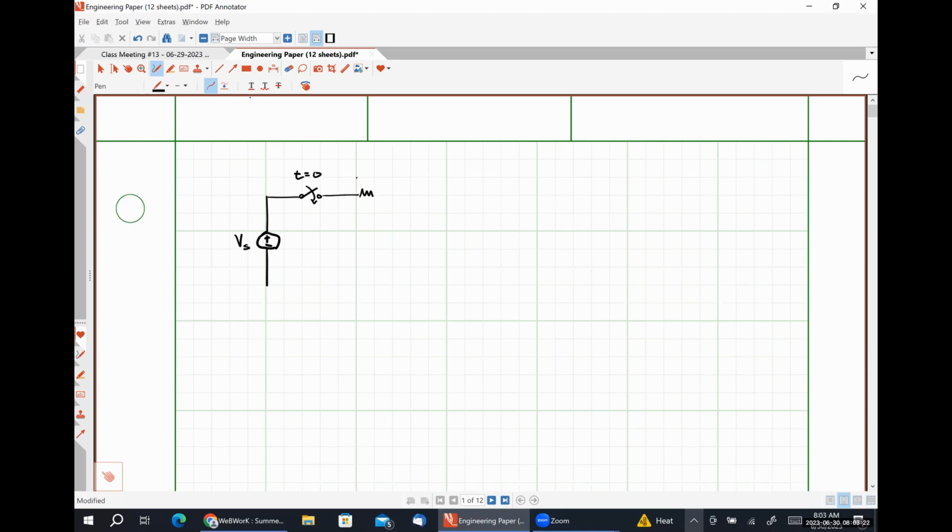I'm going to connect it to some resistance R1. And down this branch, I'm going to have an inductance L1. Then over here, we're going to have a resistance R2, and we're going to have an inductance L2, like so.